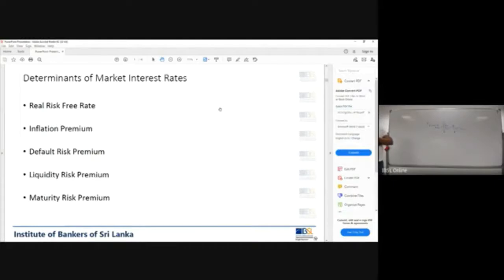Then when default rates are also expected to go up, you might expect interest rates to go up. Liquidity risk. When liquidity is concerned, if you cannot sell it, you might charge a liquidity premium. Maturity risk premium, when the term to maturity is high, again you might expect interest rates to go up.